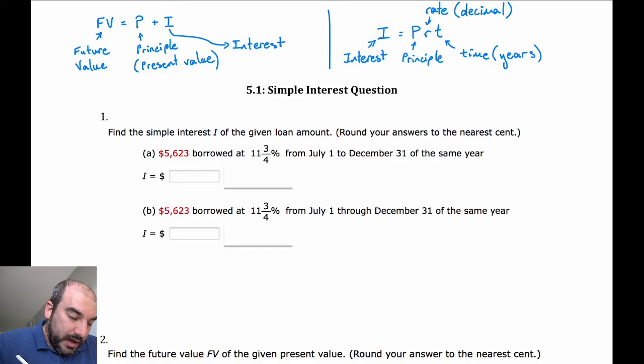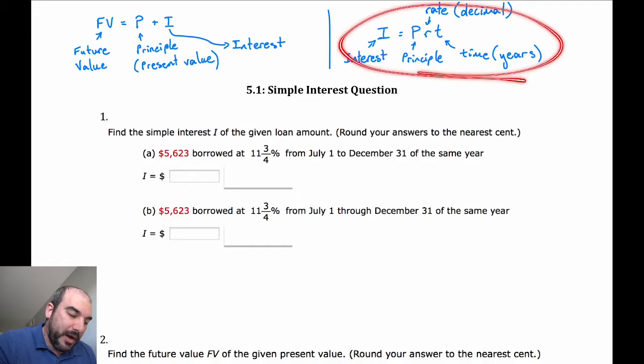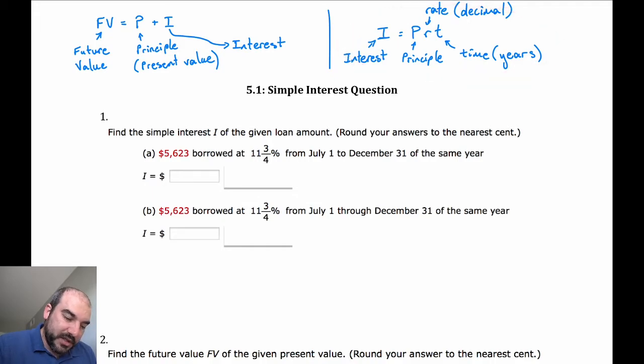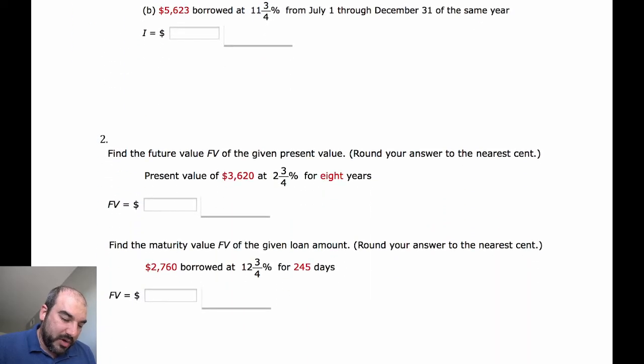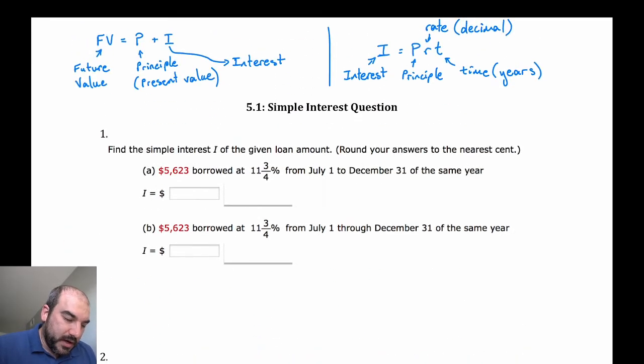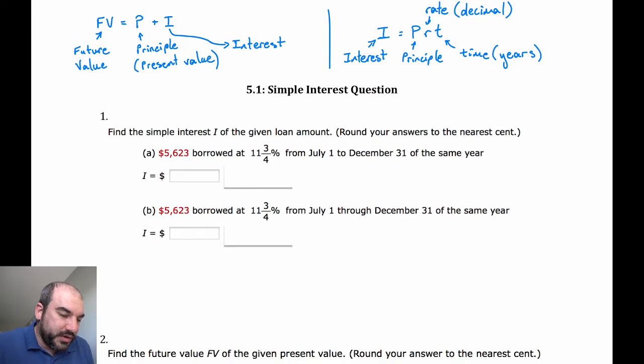Right. So there's a few problems on this page that deal with either asking you about interest, which I think the first question, number one, is asking you to compute interest for these two scenarios. And then the second problem is asking you to compute future value for these two situations. So you're going to use these two formulas for those.